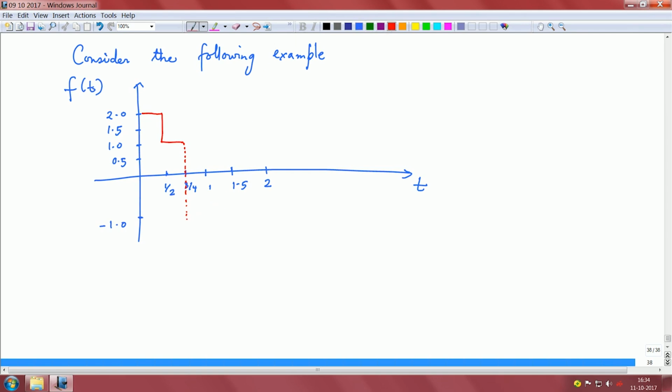It stays for the next 1/4 time duration. And basically returns to 0 and then stays at 0.